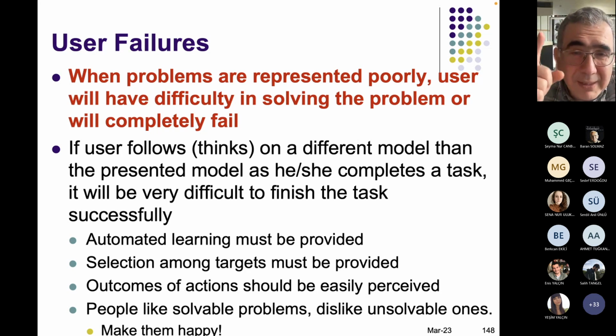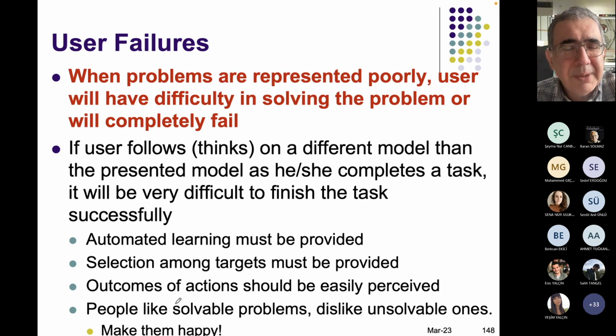The first thing is to understand it before going to the action. So if the user follows a different model than the presented model in completing the task, or completing the exam question, same thing, then you will be in trouble. In order to prevent that, use automated learning, selection among targets, like test exams, make outcomes of the actions perceivable, and try to present problems as solvable problems.